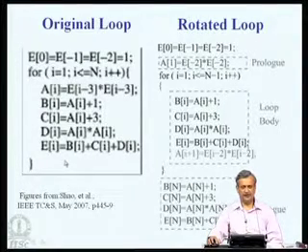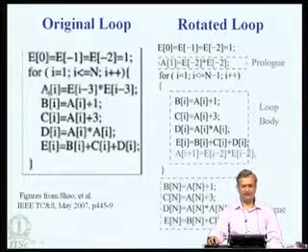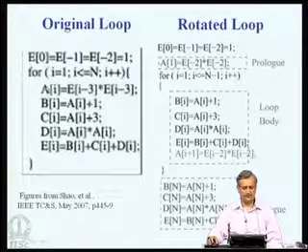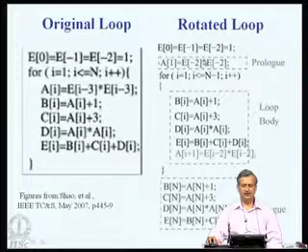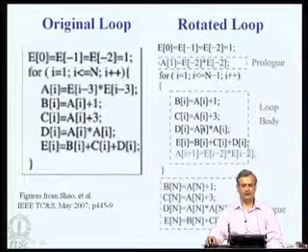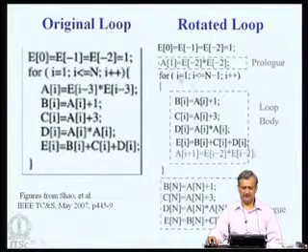Let us assume that we have a loop of this kind: there is some initialization here, and then we have a for loop with 5 instructions. Remember that we have the order of these instructions A, B, C, D, E. Loop rotation implies that we change the order of the instructions of the loop subject to, of course, the dependence requirements of the various instructions.